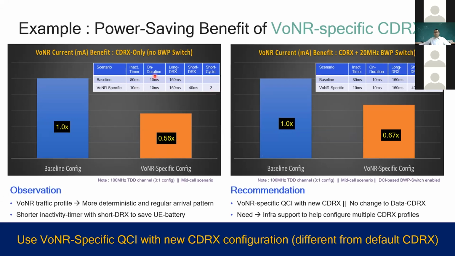Your best effort CDRX still continues to be baseline, but with VoNR specific CDRX, you are able to save a lot of power. So CDRX continues to be a critical variable, and we recommend that you optimize it as much as possible.